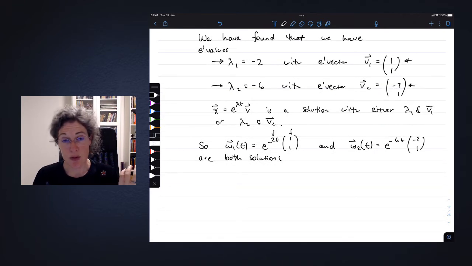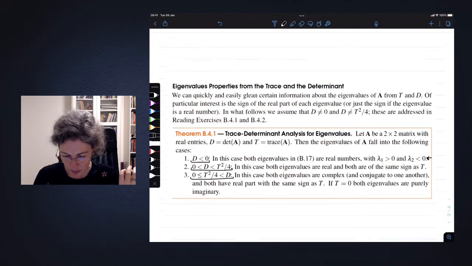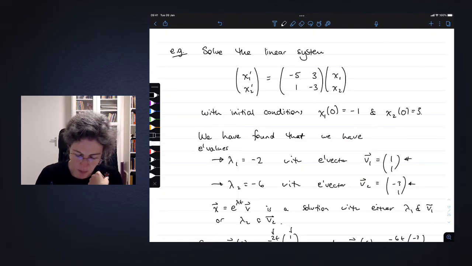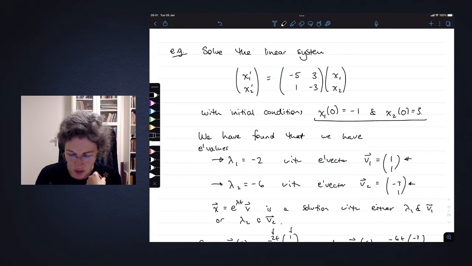So what we do is we say, well, if we want the most general solution, and remember we'd like to be able to solve, if we go all the way back to, where's our problem? Our problem has these initial conditions. We want to find a solution for any general initial conditions.